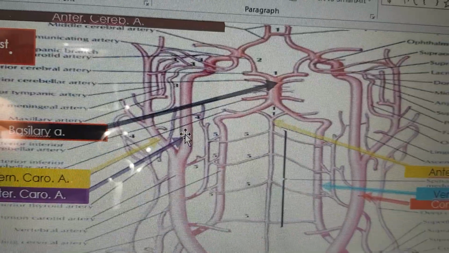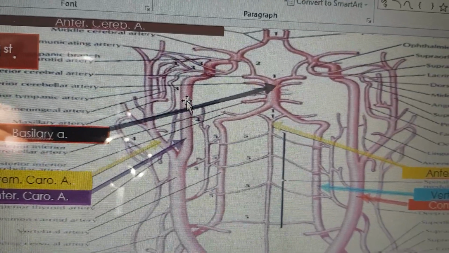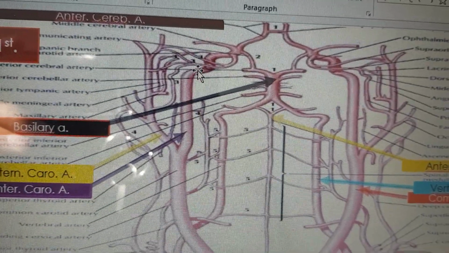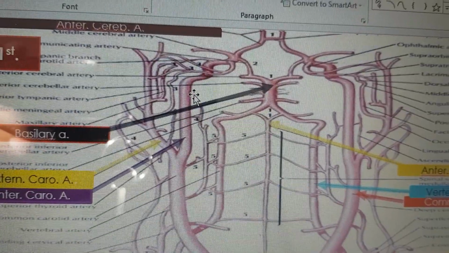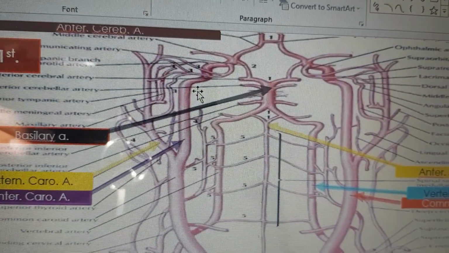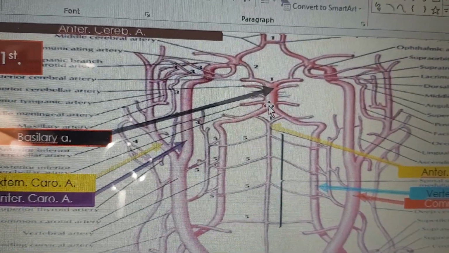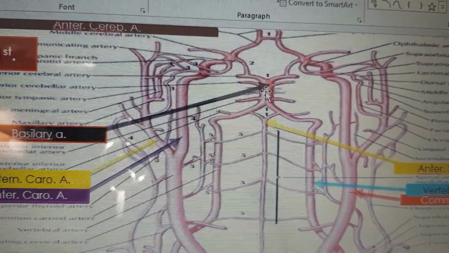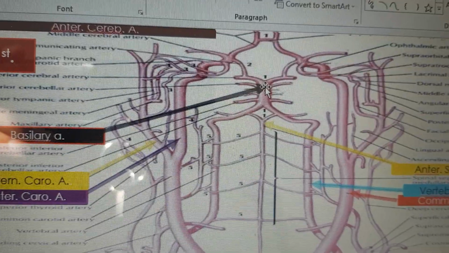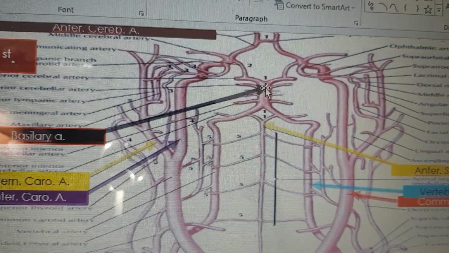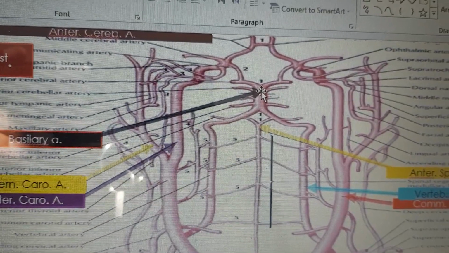The internal carotid artery will enter the skull and will give rise to anastomosis with this important artery, which we are going to follow from below.